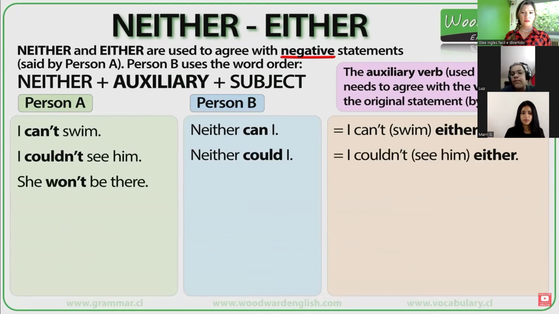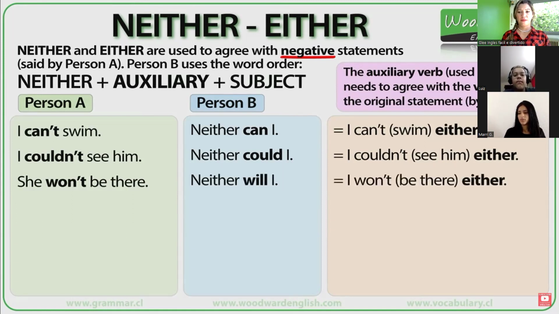She won't be there. Here, it uses the negative form of will, which is won't. These are used to talk about the future, so our response needs to use will too. We say, neither will I, which means I won't be there either. I wouldn't eat that.